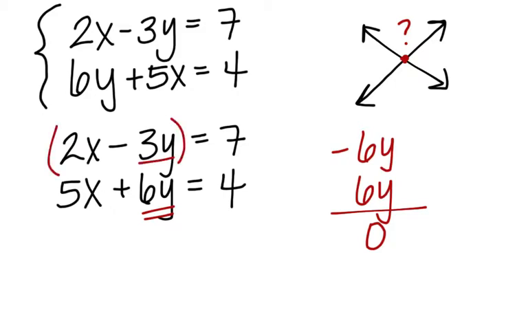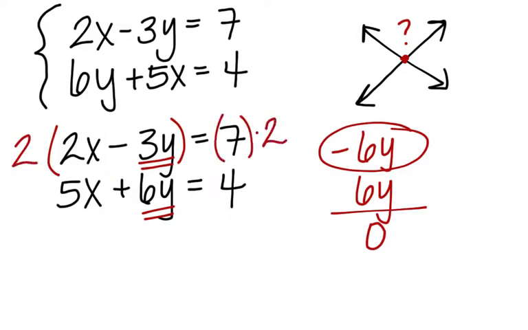Since my term is negative 3y and I want it to be negative 6y, I need to multiply the top equation by 2. But I must balance the equation, and what I do to the left, I must also do to the right. So we're going to multiply left and right by 2. This gives me 4x minus 6y is equal to 14.